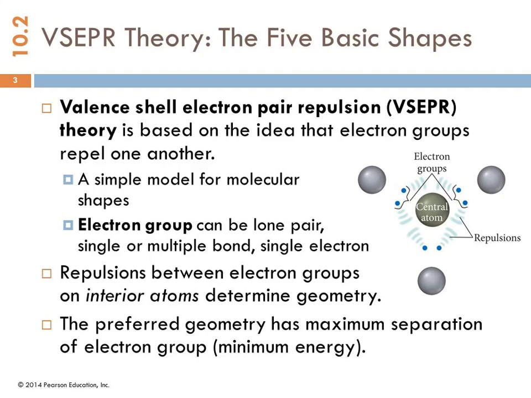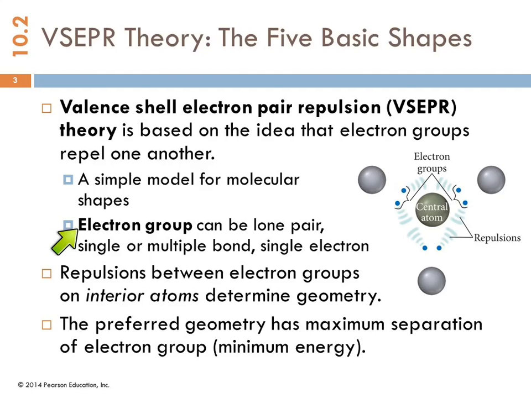This is a very simple model, but it works pretty well for simple molecules, and being simple, it's relatively easy to understand. The idea here is that we have electron groups and that those electron groups repel each other.